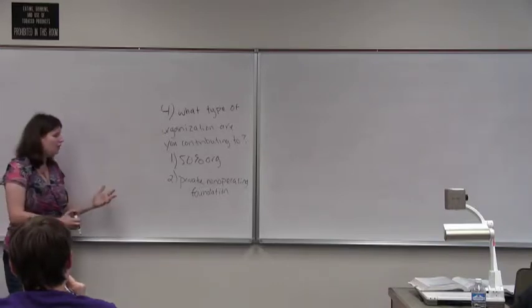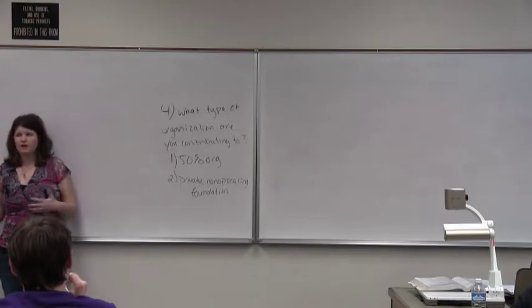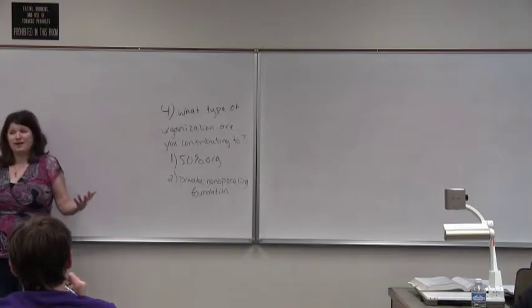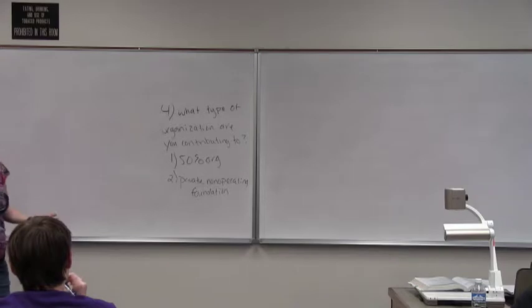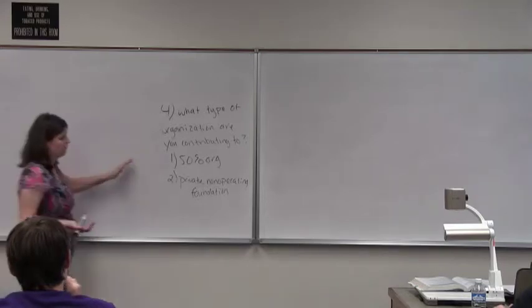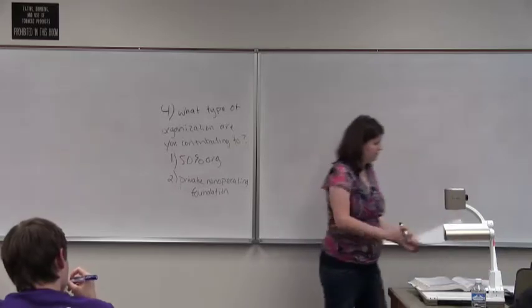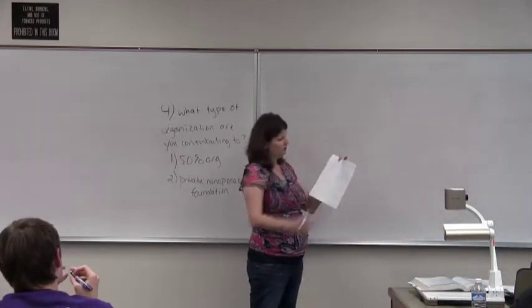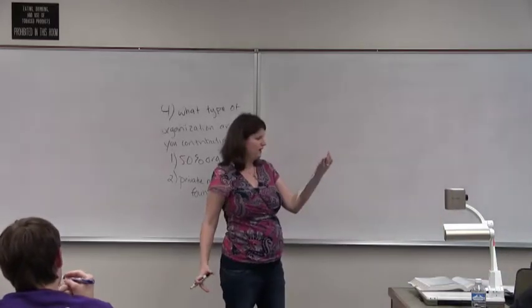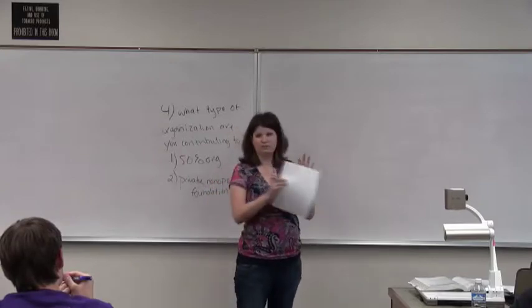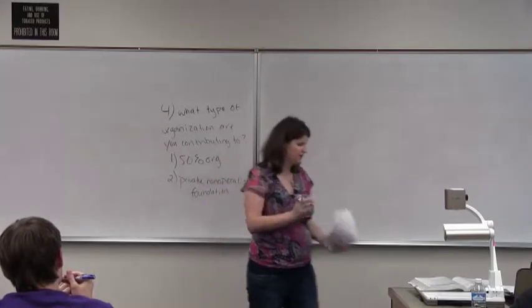So how do you know if something is non-operating? Again, you just have to call them and ask. And it changes every year. So these are the two different possibilities. And if you take a look at the sheet I gave you, it says on the front page, who are you contributing to? So that's the first question I have on my page.